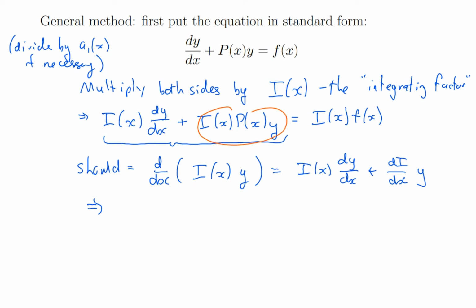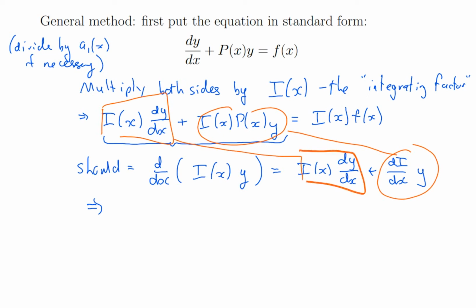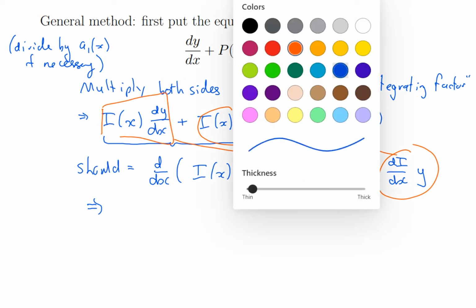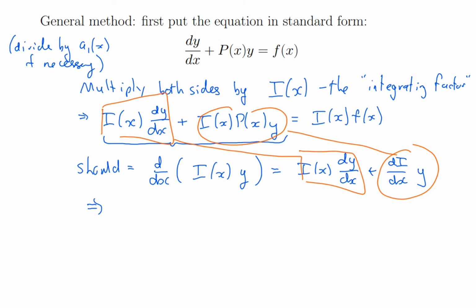This term must equal this term because this term is already equaling this term. So the y's match, and I get di dx equals I of x p of x.